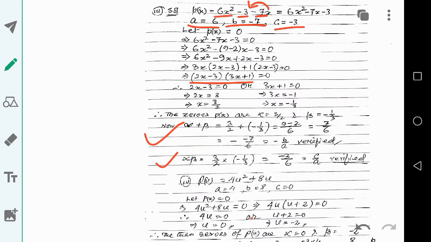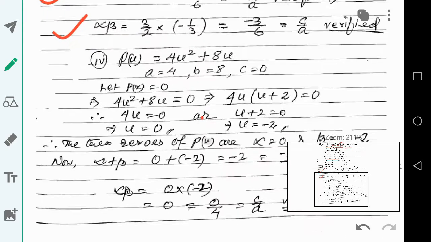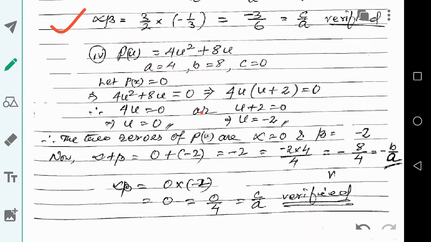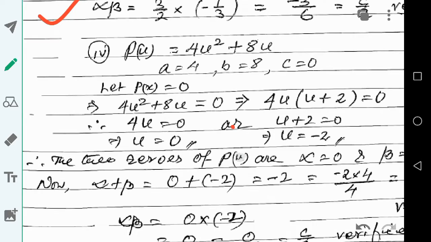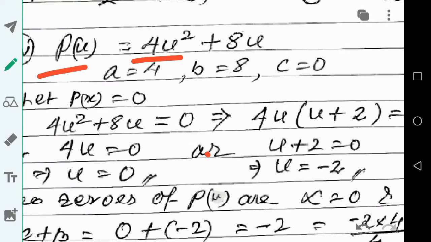Now let me explain the next one, that is 4 of question number 1. Here the polynomial is in u, that's why I have written p(u), which is equal to 4u square plus 8u. Here a is 4, b is 8, and the constant term is missing, that's why c is equal to 0.